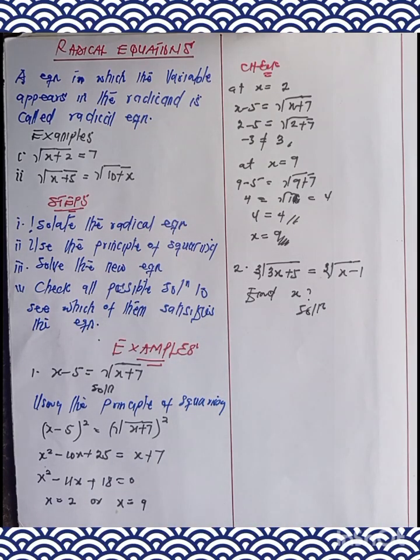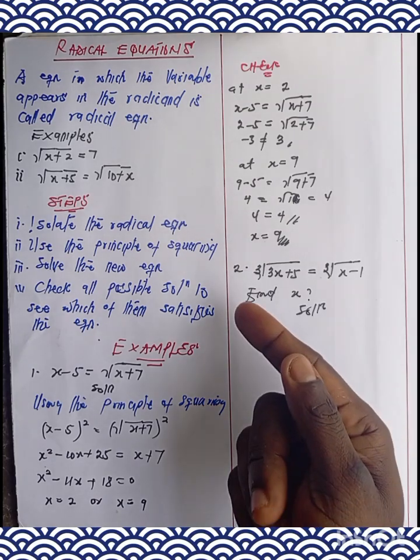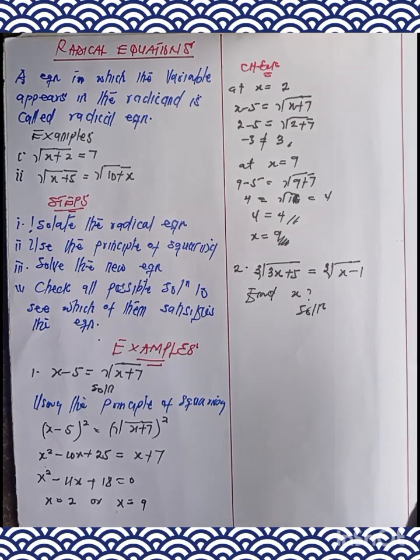So we are still using the principle of squaring, but this one we are not squaring, we are going to cube it because we have cube roots. Okay, so we raise both sides of the equation to the power of 3 to do away with the cube roots.